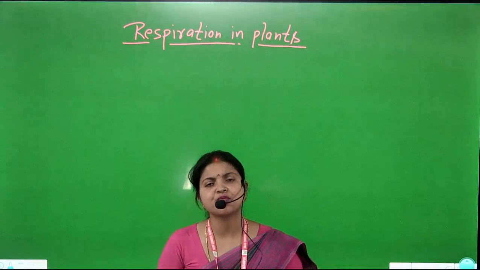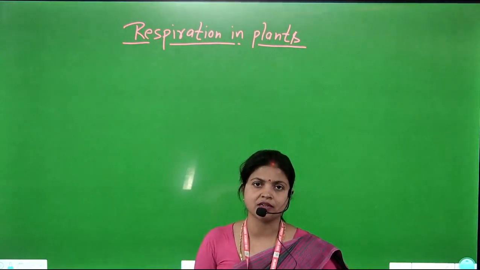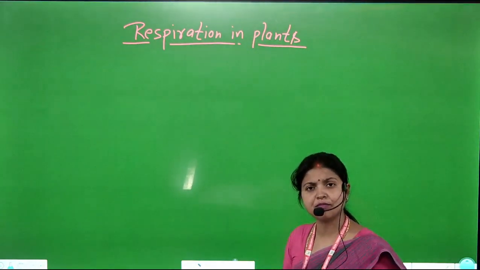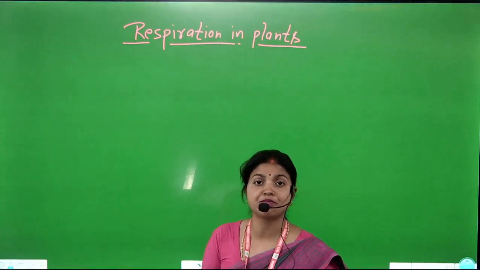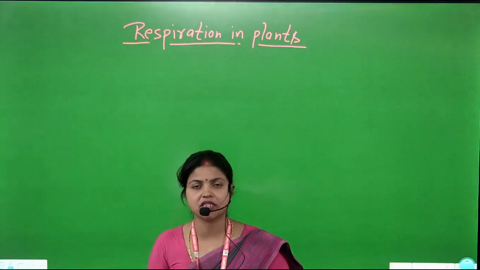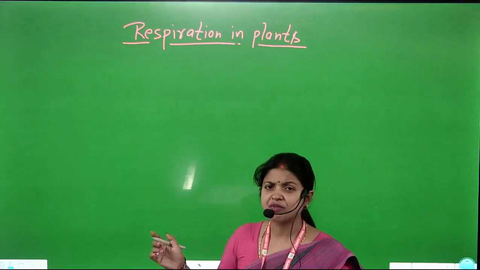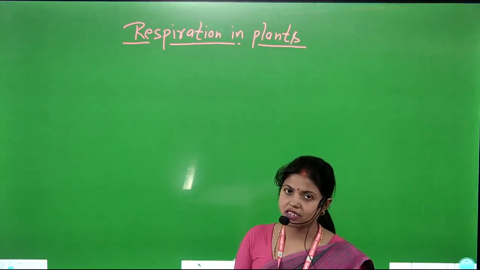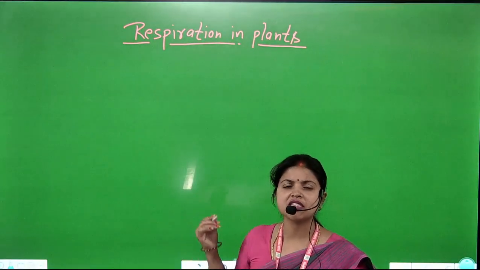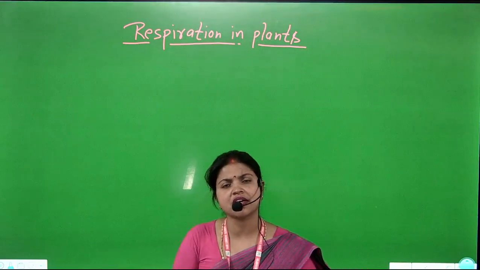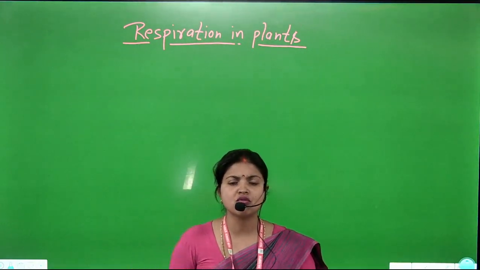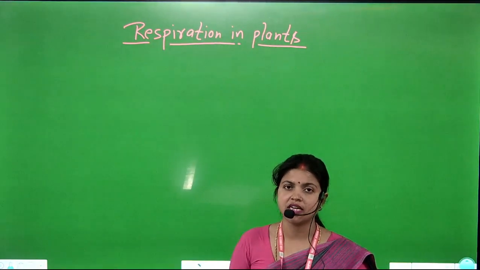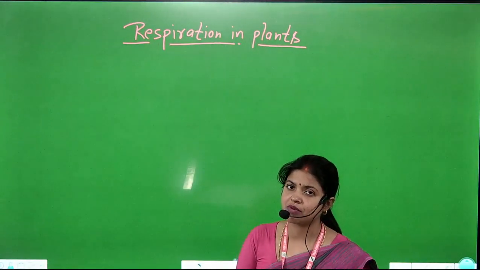This process is known as breathing, and in earlier classes we learned in brief the differences between breathing and respiration. Respiration is a cellular process. In this process, in the presence of oxygen, glucose breaks down and forms the energy ATP and carbon dioxide.